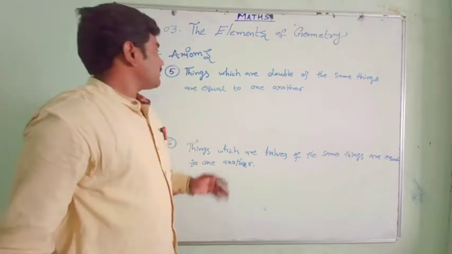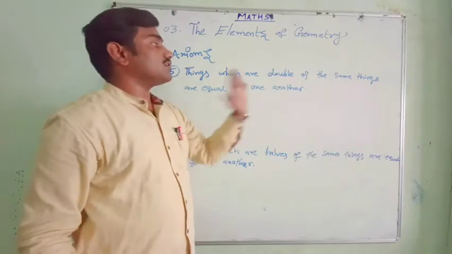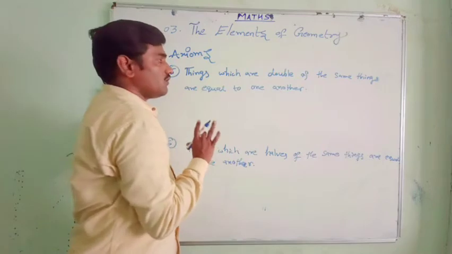Simple. The things which are double of the same things are equal to one another. The things which are double to the same things are equal to one another.